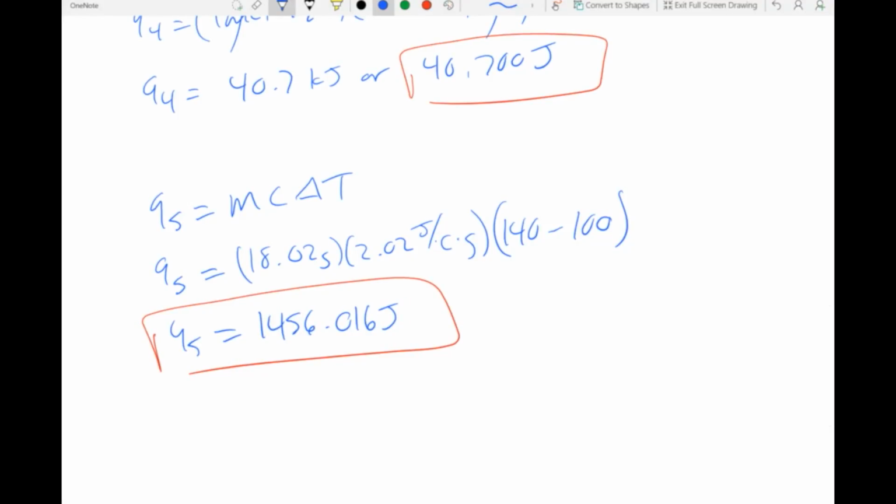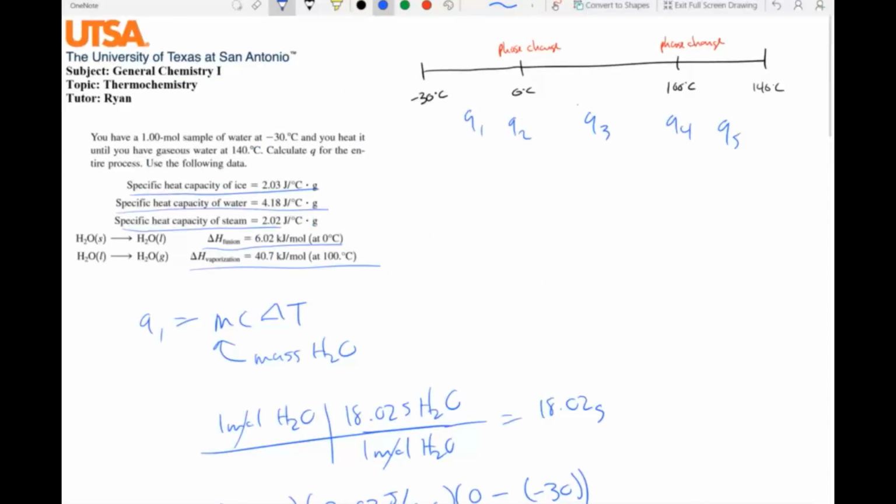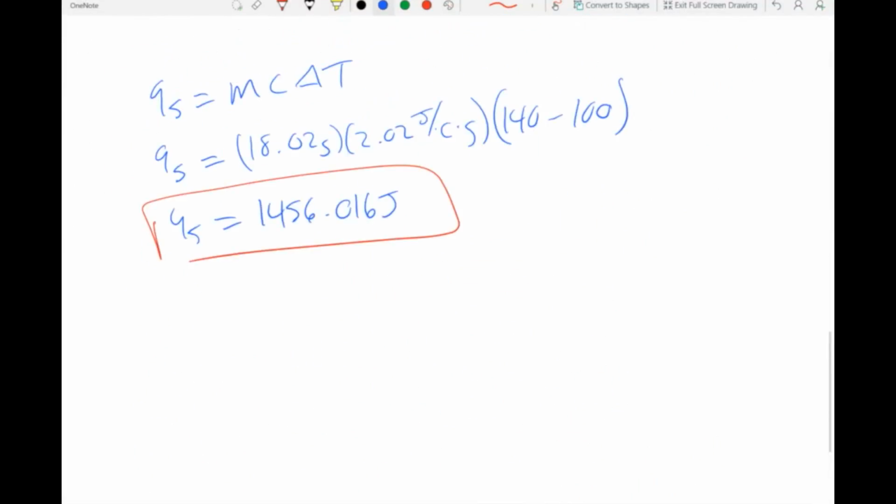So now that we've solved all these Q's, we want the sum. We want the total amount of energy it took to go from negative 30 to 140. So the sum of these is going to be 56,805.794 joules.